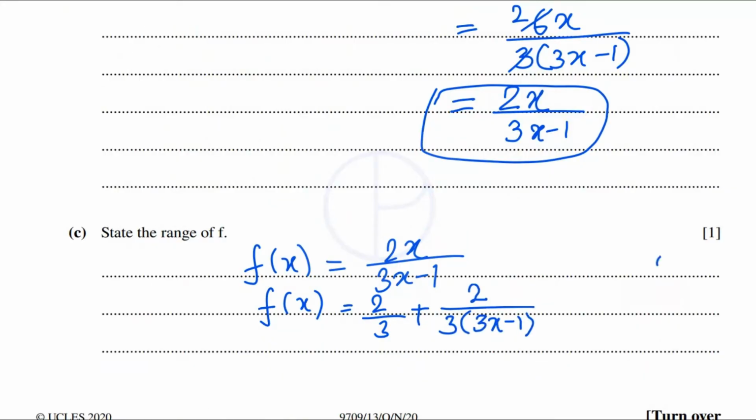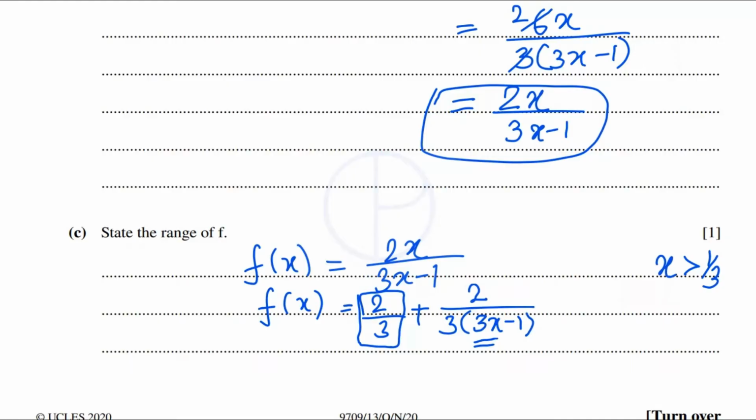So it's given x is greater than 1 over 3. So when you give any value to x, this term will be there always. And x takes the value greater than 1 over 3. So if you give any value greater than 1 over 3 here, you will get a positive number in the denominator.